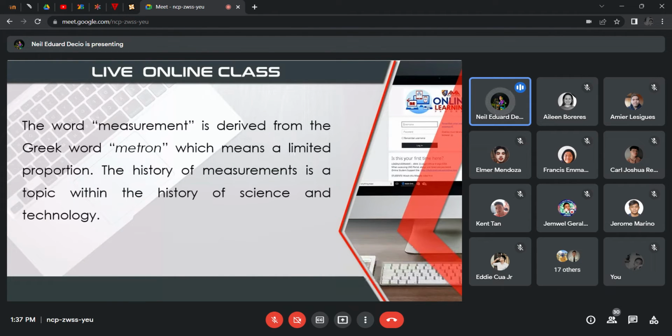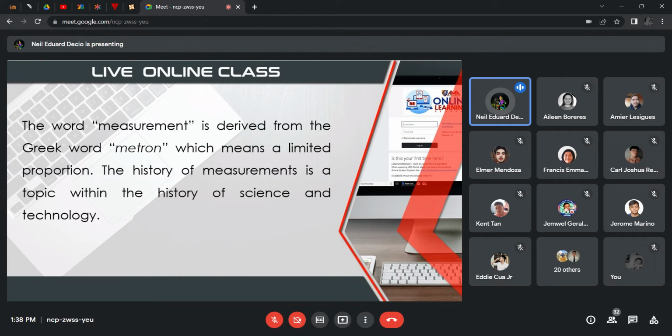Okay, so let's define measurement first. The word measurement is derived from the Greek word metron, which means a limited proportion. The history of measurement is a topic within the history of science and technology. So, just like what I've said earlier, objects have different physical properties, or dimensions.